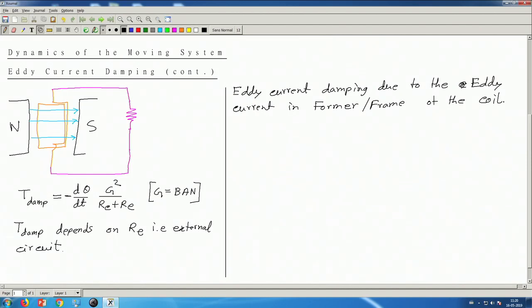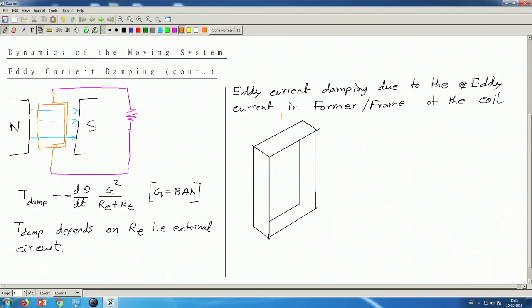Recall that this coil is wound on top of a former or frame, a rectangular frame, and that looks like this. This is made up of aluminum, which is a conductor. So this is a frame and the coil is wound on top of it.